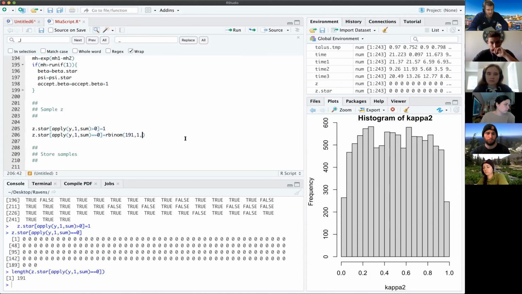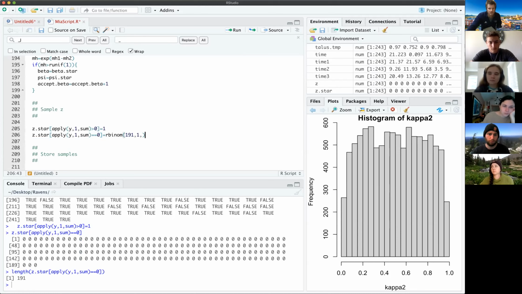So the question is, what should we put in here for our tuning parameter? We could put in 0.5, and half the time it'll give us zeros and half the time it'll give us ones. And that would be a pretty naive way to do it. It might be pretty inefficient. And the reason it might be inefficient is because we know more than just assuming there's a 0.5 occupancy probability there.